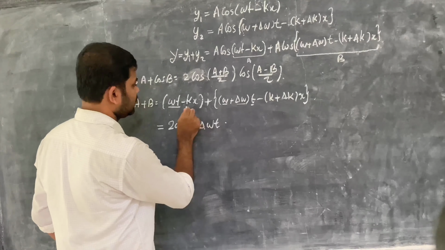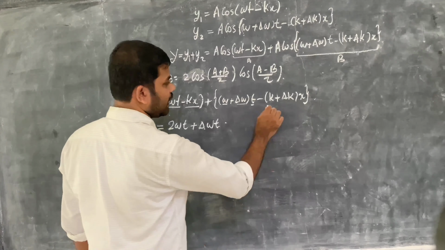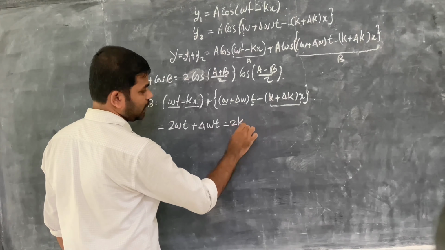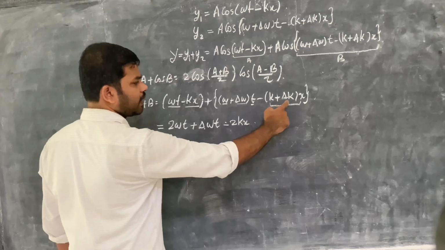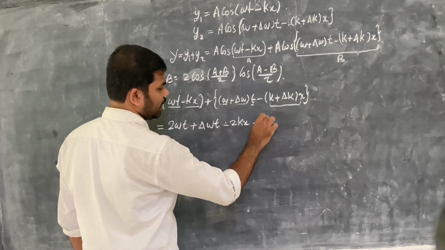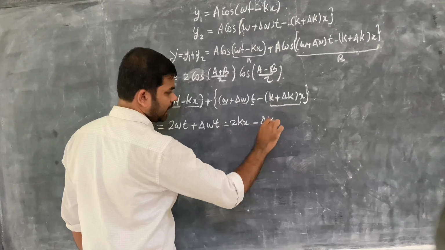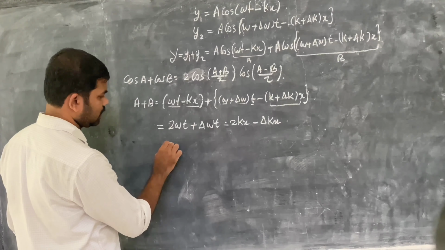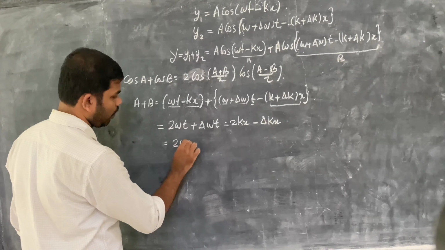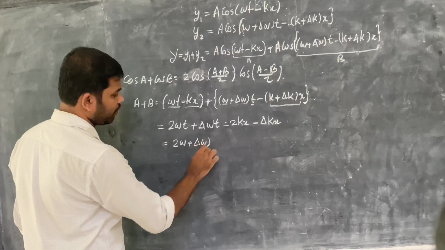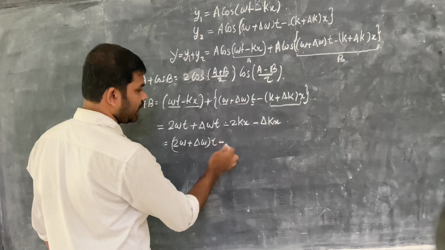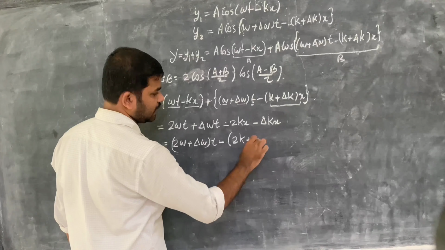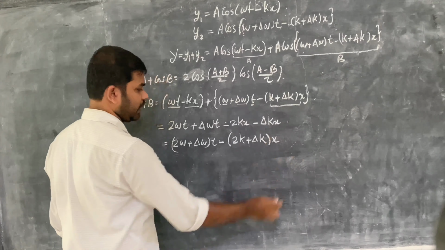For k, we have minus kx and here also minus kx, so that is minus 2kx. Then we have minus Δk x. Clubbing these, that's equal to (2ω + Δω)t minus (2k + Δk)x.